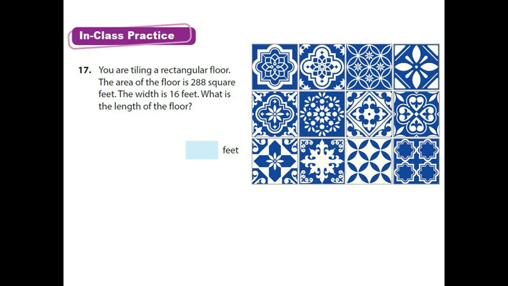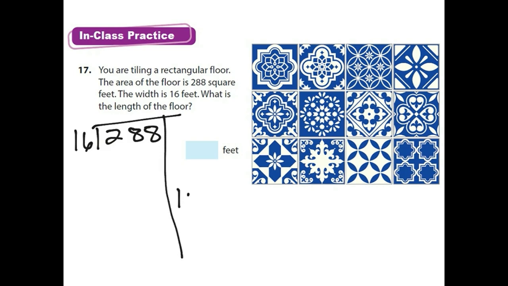Alright, so 288 divided by 16. Well, I know I can put it in there 10 times. I've gotta go way down here. Can I put it in there 20 times? No, that'd be 320. So 160. Got 128 left. I'm at 6 and 8. Why am I thinking 6 and 8?